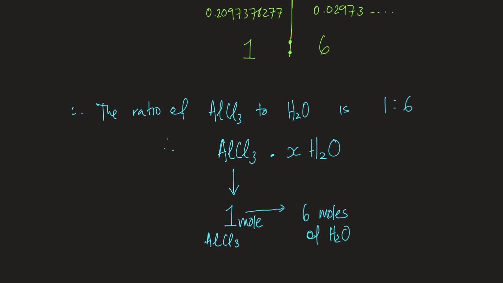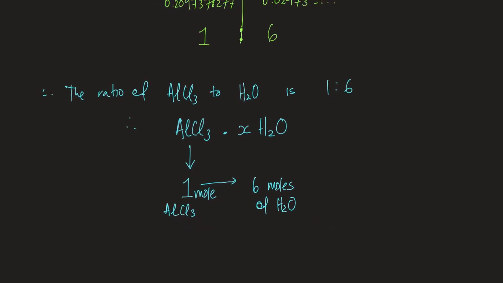So what we've done by working out this ratio is we found the coefficients. Don't forget, this ratio here is the coefficients. Now I can see that this 1 corresponds there, which means this 6 must correspond to the water.